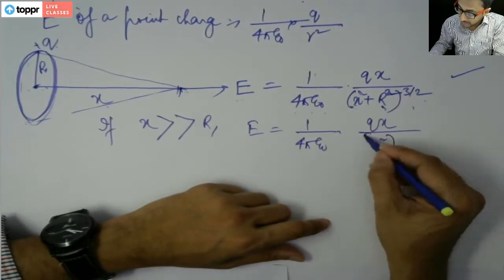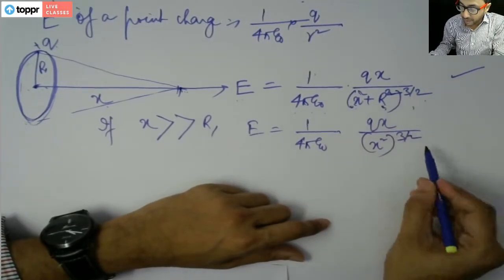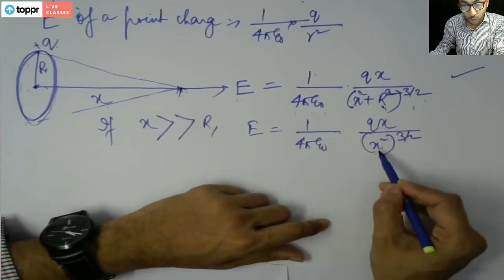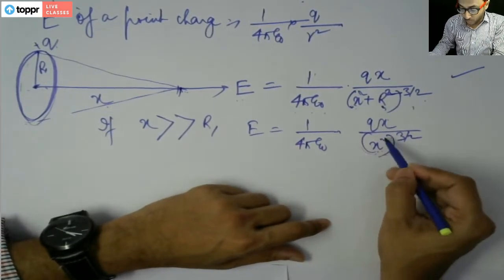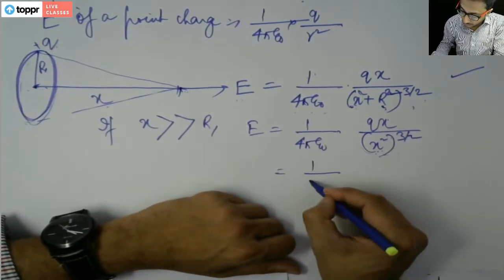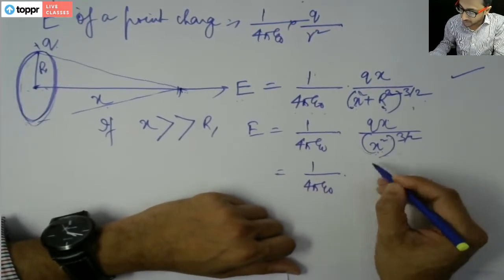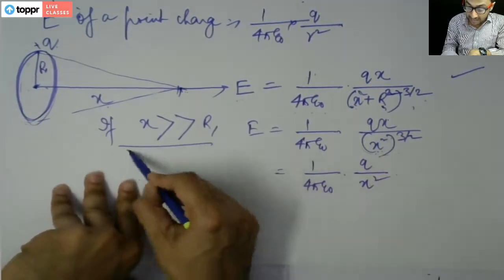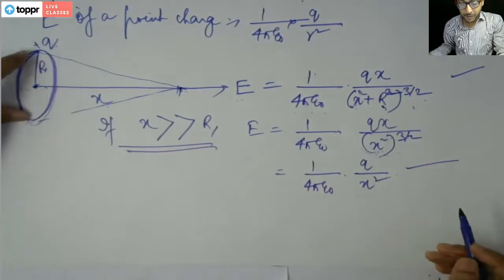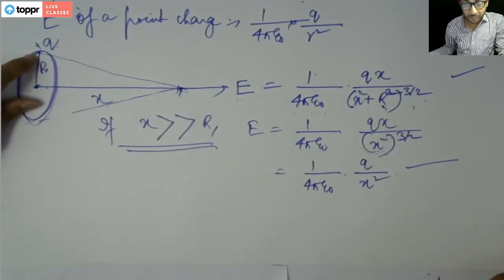It becomes x square raised to 3 by 2, which becomes x cube. X cube in the denominator means x and x cube, so it finally cancels. It will become 1 by 4 pi epsilon 0 Q by x square. So when x is much greater than r, this ring will behave as a point charge.